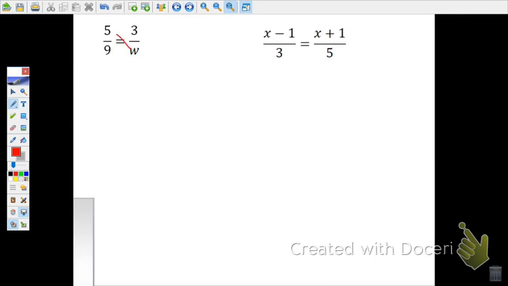So cross multiply: 5w equals 9 times 3 is 27. So what do I do to get the w by itself? Divide by 5. Can I simplify 27 over 5? Cannot, so I can just leave it that way.